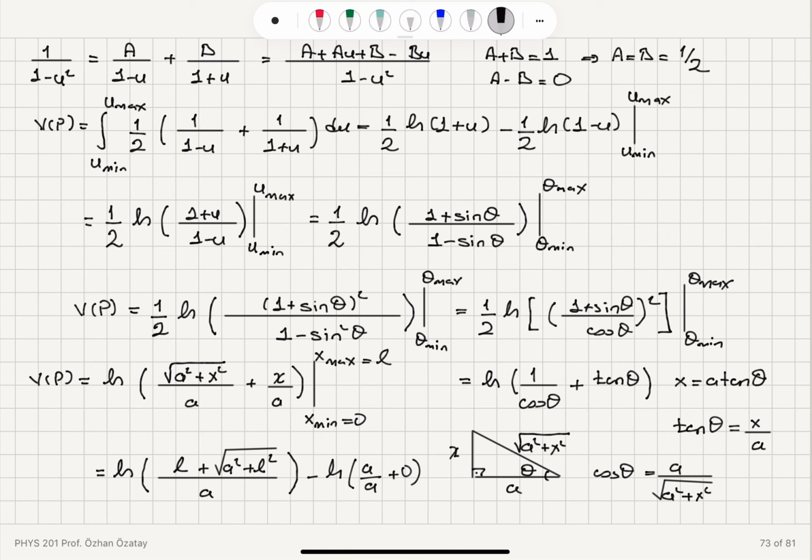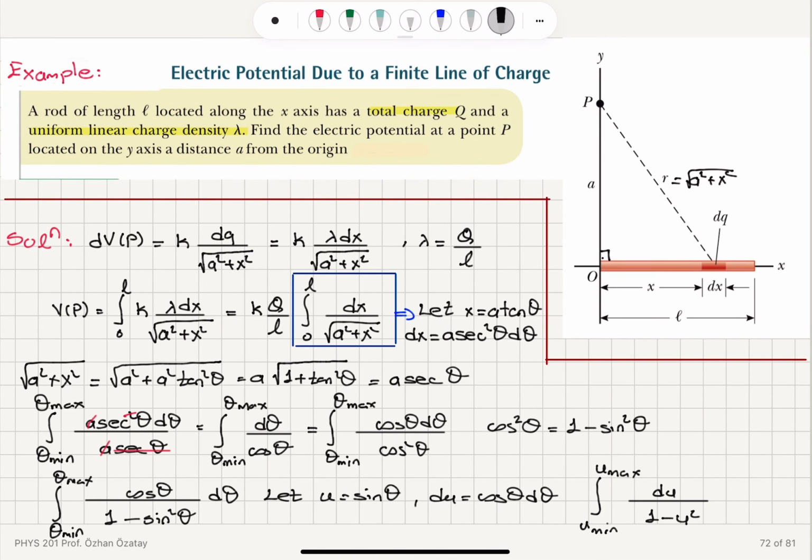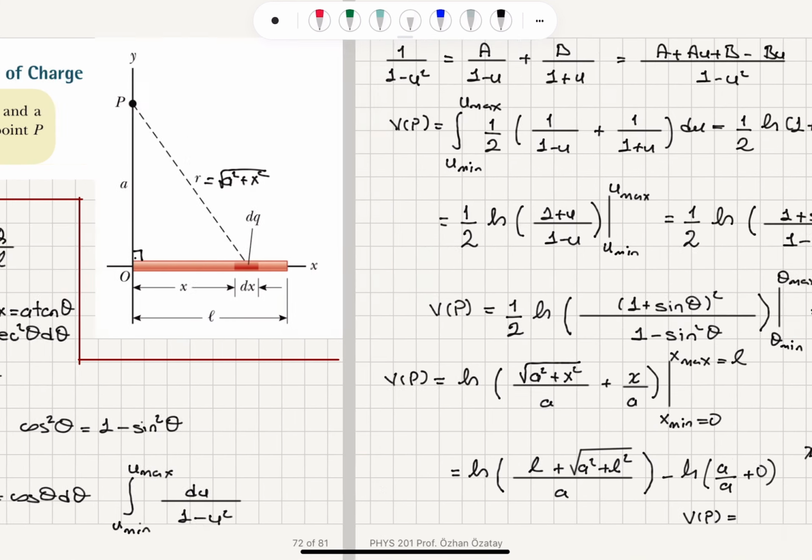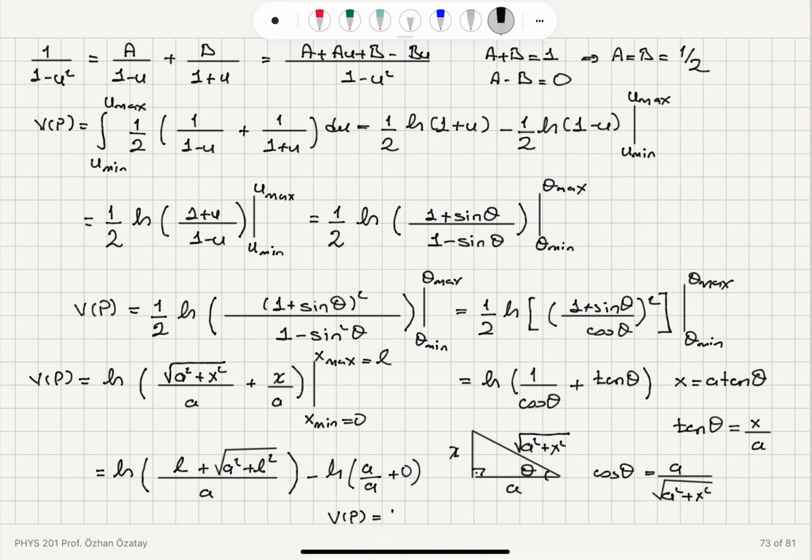Therefore, I obtain my final answer. Potential at point P is, now remember I have KQ over L here, so I have to put that KQ over L, and then I have natural logarithm of L plus square root of a squared plus L squared divided by a.